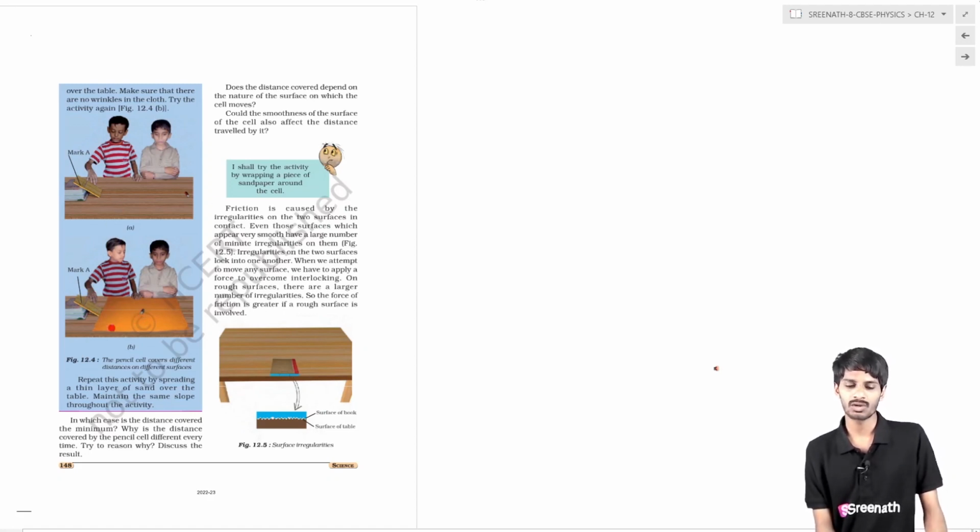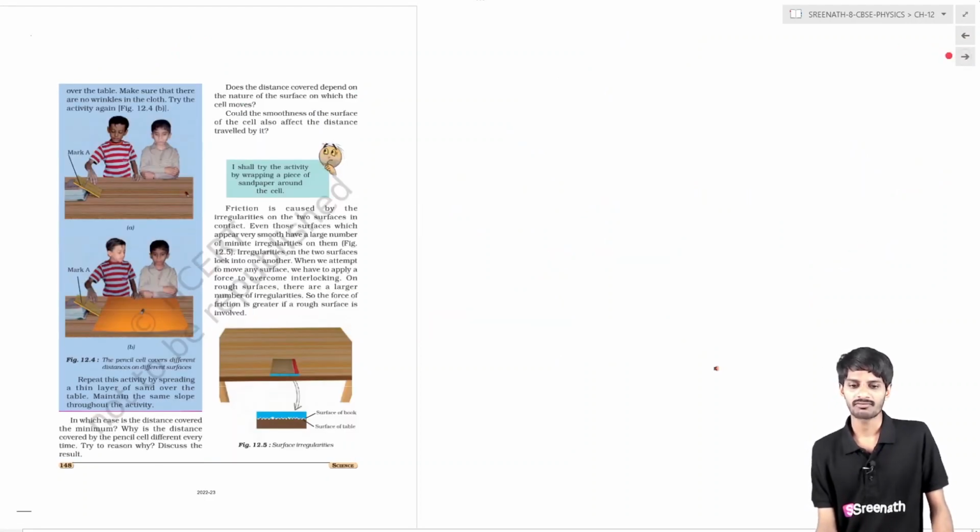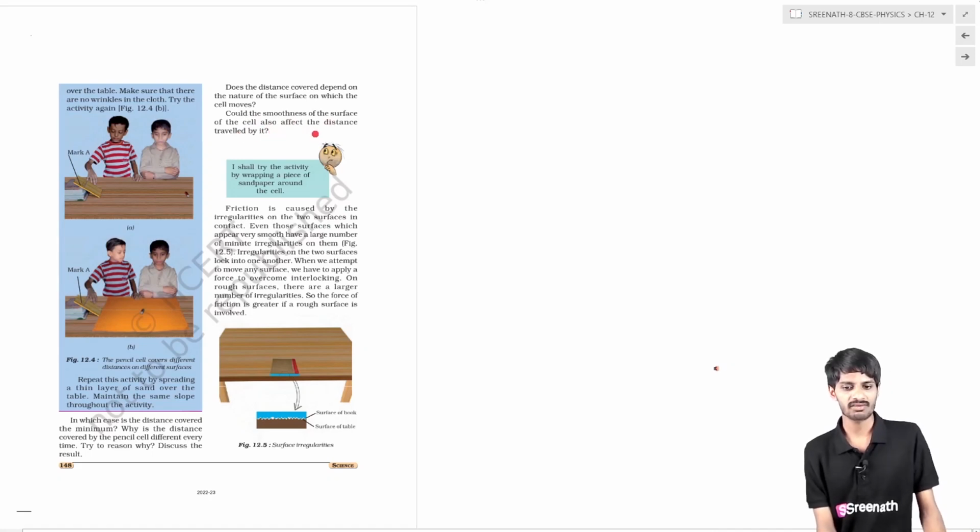Observing this, what is the reason for the difference in the distance between these two incidents, and what is the reason when we pulled the brick without polythene and with polythene? After observing these two activities, we have a doubt: could the smoothness of the surface also affect the distance traveled?